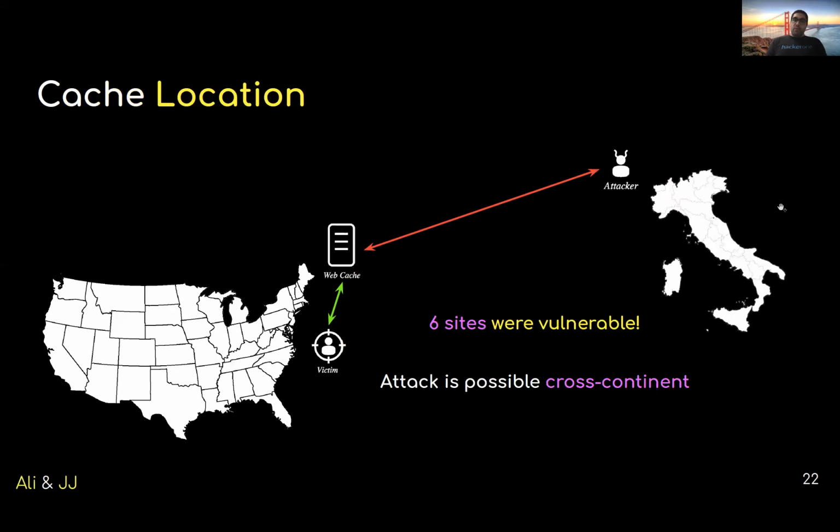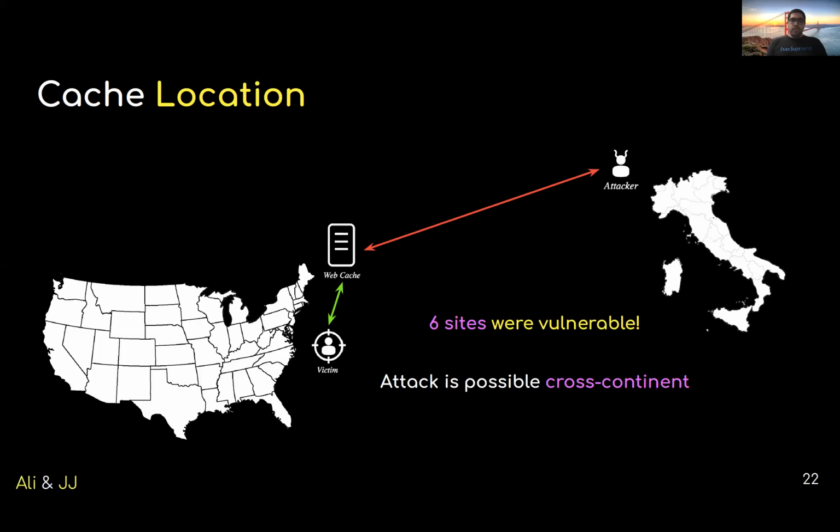So one more thing we wanted to look into was the locality of the web cache deception. Basically, we wanted to see how close the attacker should be to the victim in order for web cache deception to be possible. As you know, the basic concept of caching is to bring the content closer to the user.